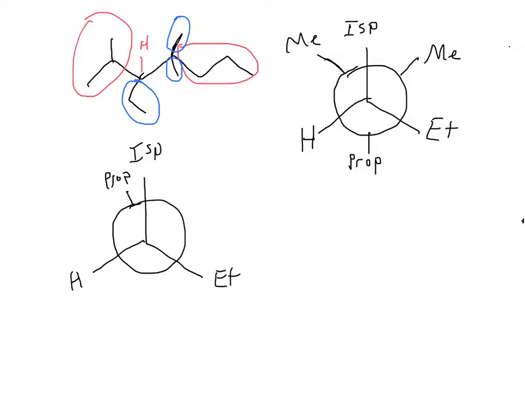Our ethyl group is going to be rotated 180 degrees here, and our oh, sorry, that's a methyl group. My bad. Methyl group's there, and then our other methyl group is here.